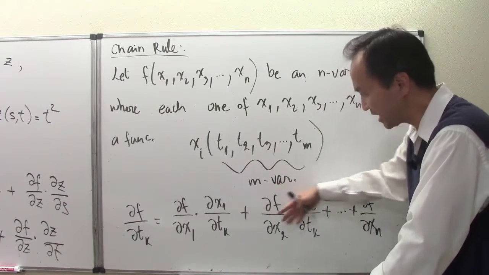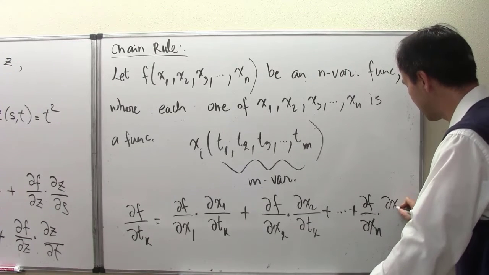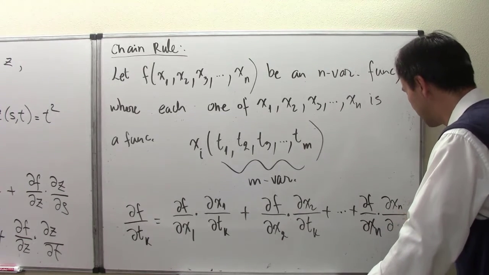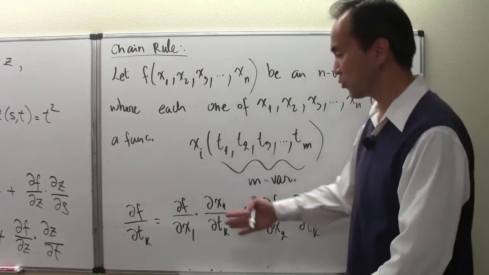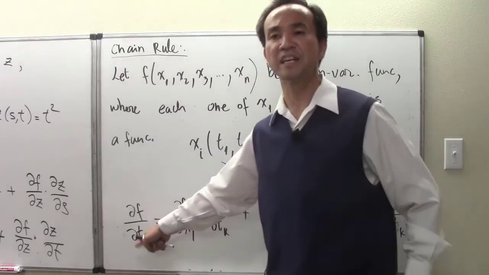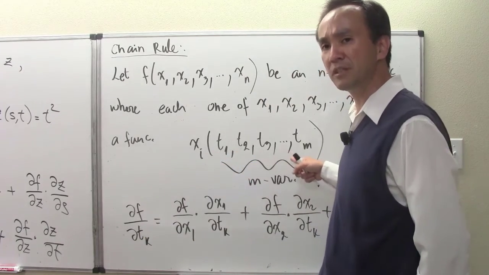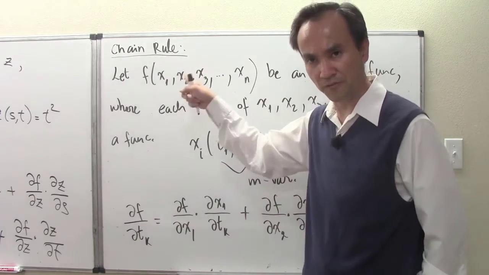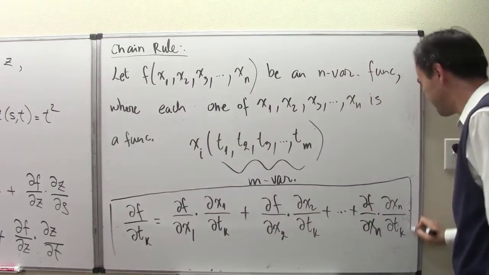So there should be n terms, the last multiplied with dxn over dtk. That's a generalization, and with this one generalization, you can find as many as m partial derivatives for one function, as written like that.